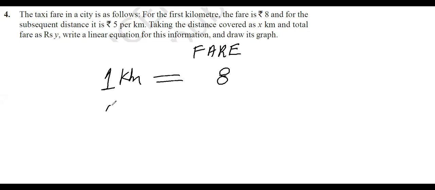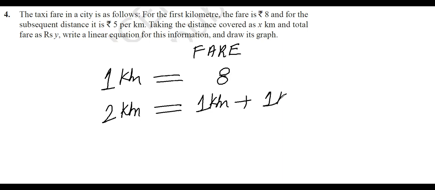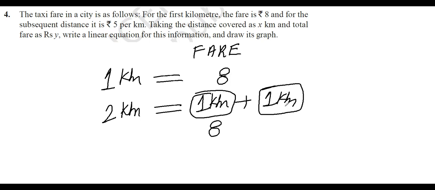It means if he is traveling for 2 kilometers, I will consider this as 1 kilometer and 1 kilometer. For the first kilometer, he will charge 8 rupees. For another 1 kilometer, he will charge 5 rupees per kilometer.